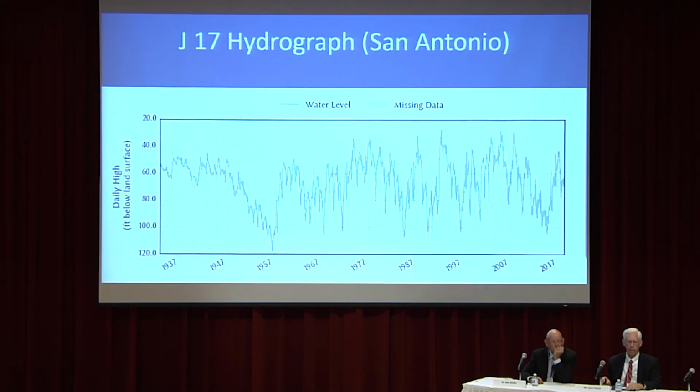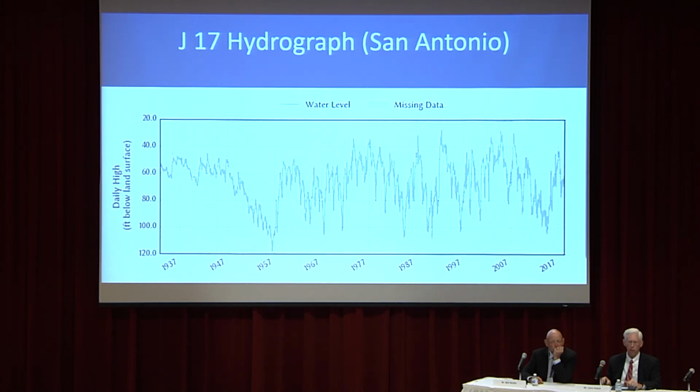I mentioned the highly variable fluctuations that occur in the aquifer. This is a graph that shows over time, since the mid-1930s up until this year, what we call an index well in San Antonio. The lines really show how the aquifer has changed back and forth during periods of drought.